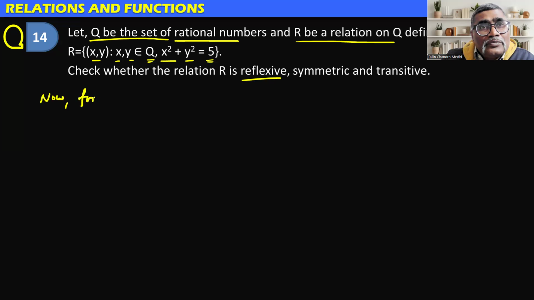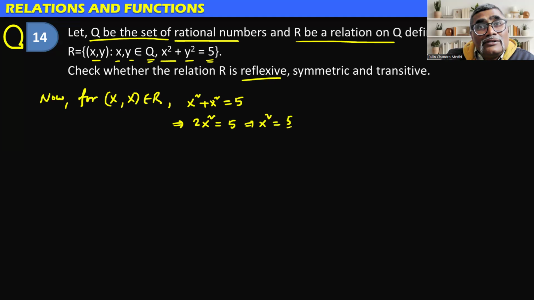Now, for x comma x belongs to R, we are going against. Let us see whether it is possible or not. For x comma x belongs to R, we must get what? X square plus x square equal to 5, and then twice x square equal to 5, and then x square equal to 5 by 2, and that will imply what? X equal to plus or minus root over 5 by 2.